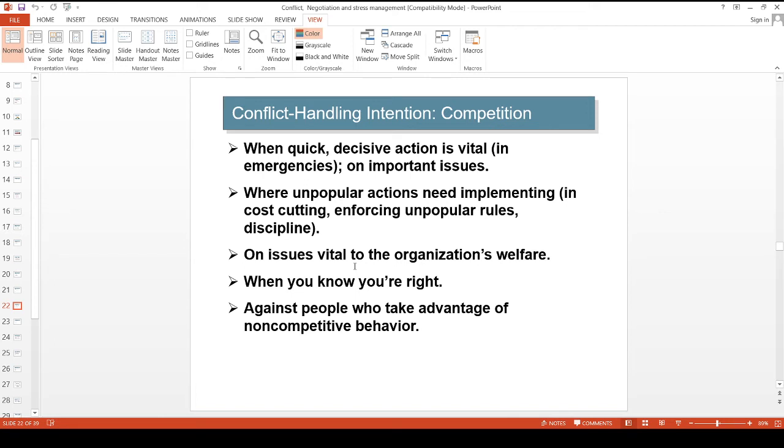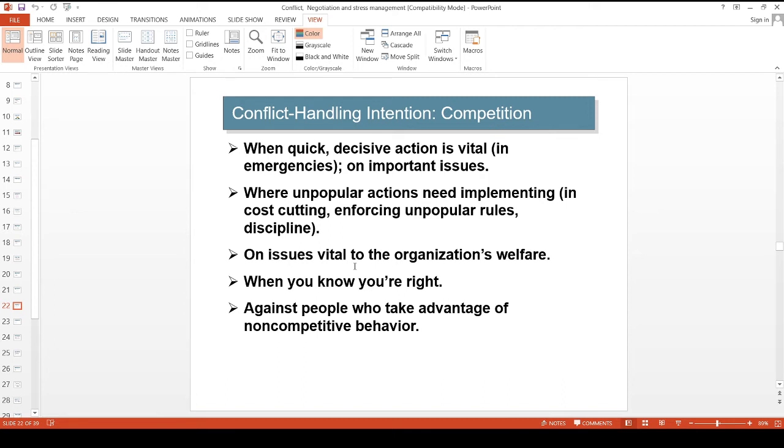Similarly, on issues vital to the organization's welfare, we will have to use this competing approach, and we will have to use that win-loss situation when you know you are right. For example, if you are 100% sure that one party is on the right side and the other party is completely on the wrong side, then again you will have to use the competing approach, against people who take advantage of non-competitive behavior.